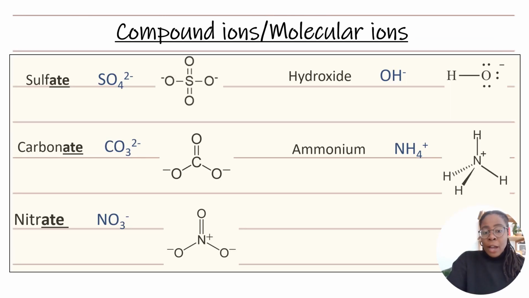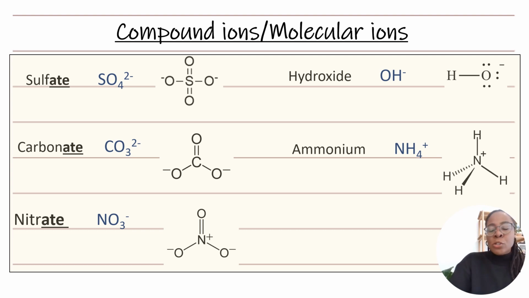There are some other ions that we can't determine their charge directly from the periodic table because they don't just consist of one element. So these often end in "ate", and the "ate" tells us that there is oxygen involved. So sulfate is SO4 2-, carbonate CO3 2-, and nitrate NO3-.